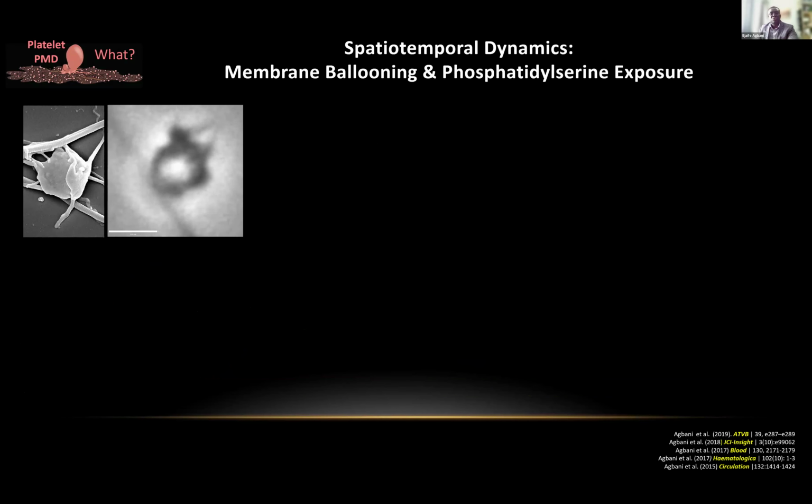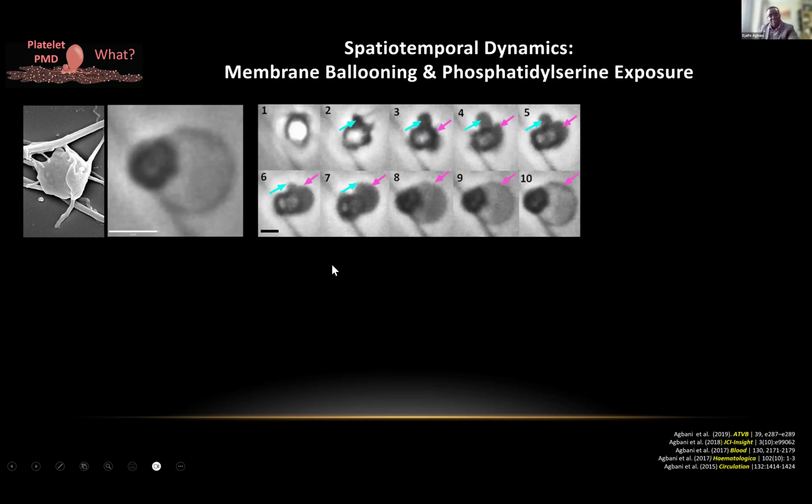Now, to address that question, we look at the spatiotemporal dynamics of membrane ballooning and phosphatidylserine exposure. Here you are looking at a scanning electron microscope image of a single platelet adhering to a collagen fiber. The platelet becomes activated. The response is what is being captured in the video here, and also in the still images taken from different frames of the video.